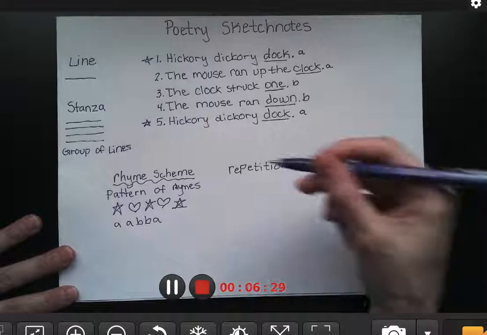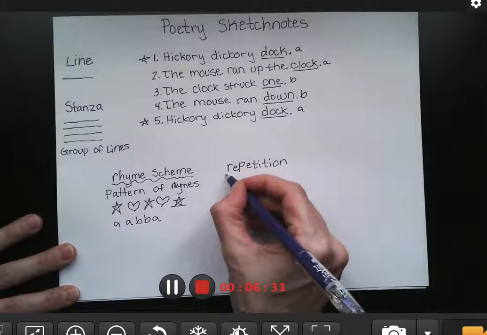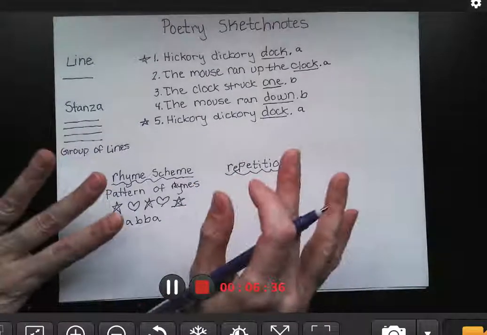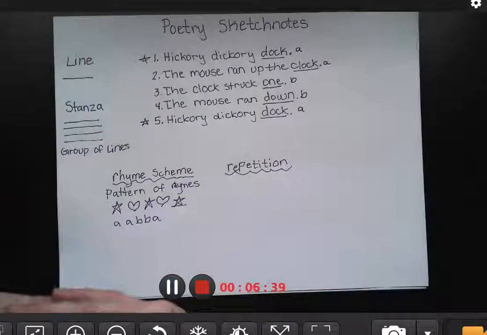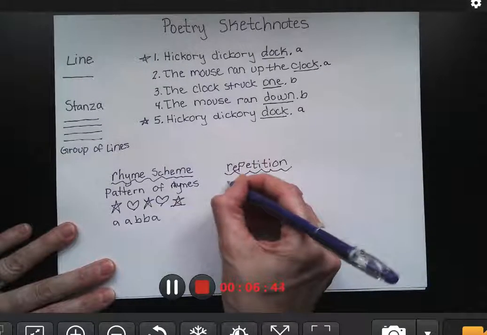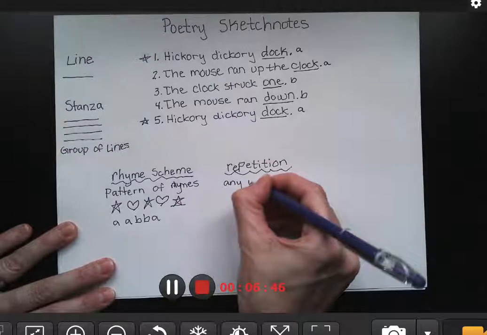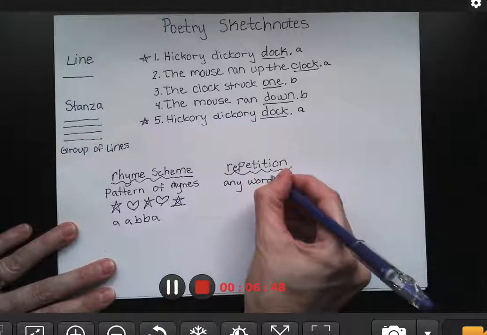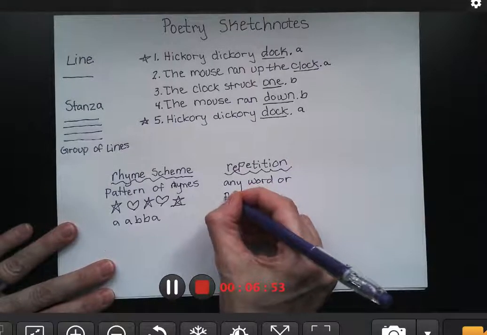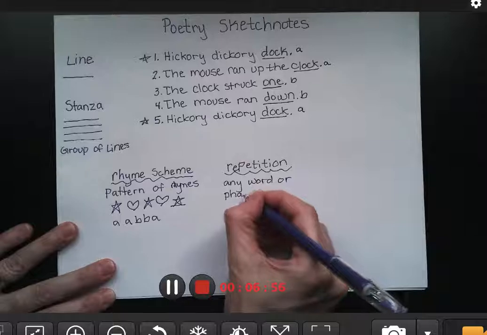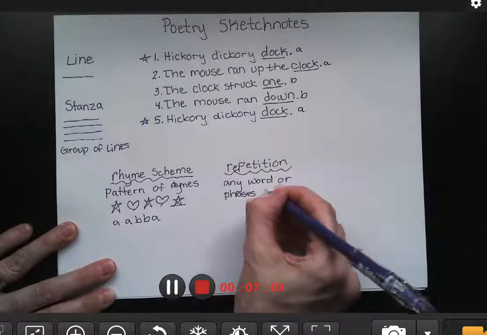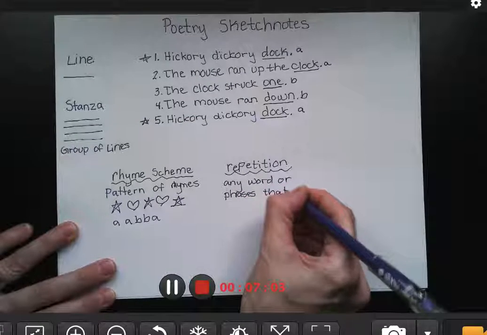This is an example of repetition. And if you remember, repetition is any words or phrases that repeat over and over again throughout your poem.